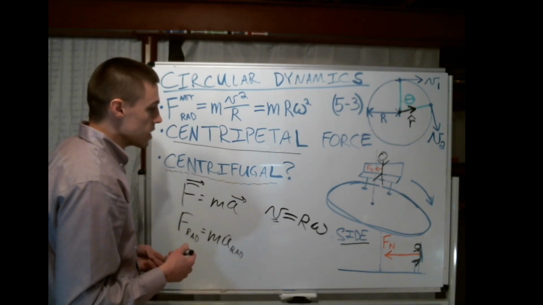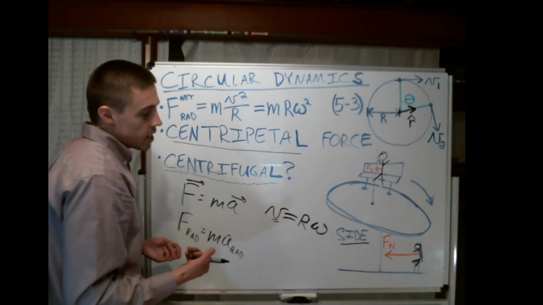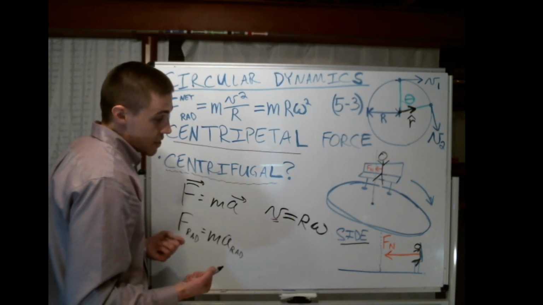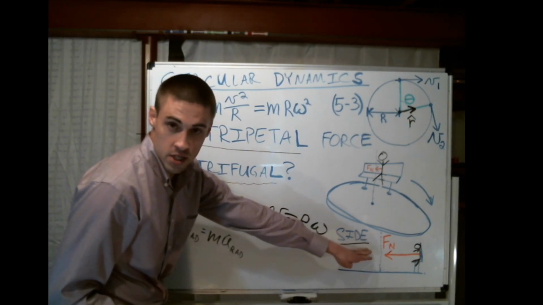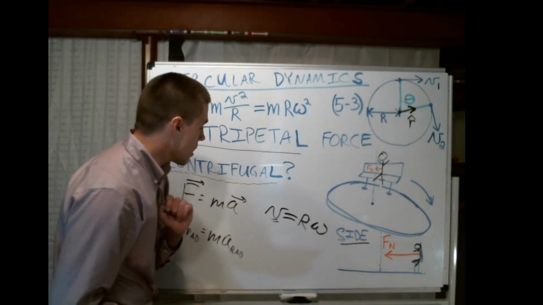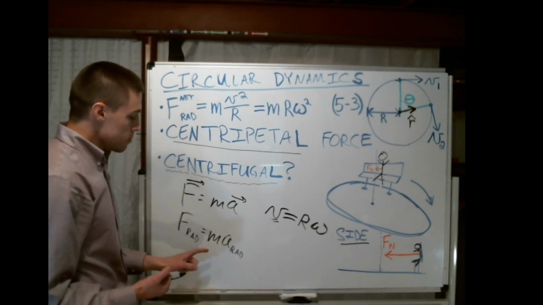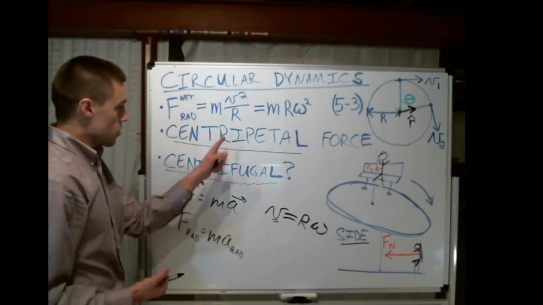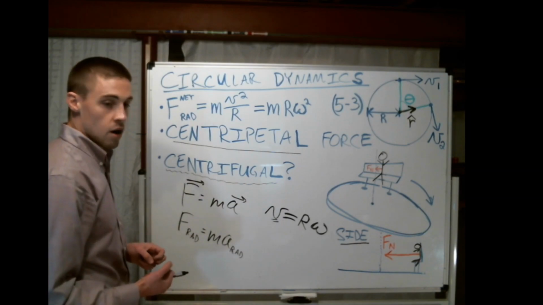So what I need to do then is just sum up all of the forces in the radial direction. In this case, it's pretty easy. There's only one, just this normal force here. And I can set that equal to m times the radial acceleration, or mv squared over r.